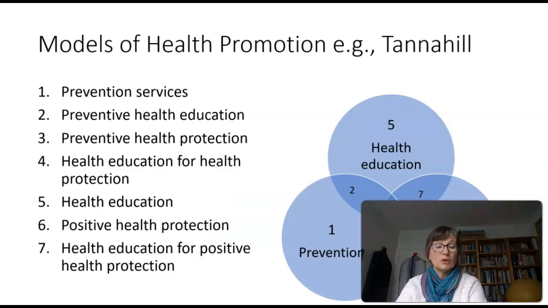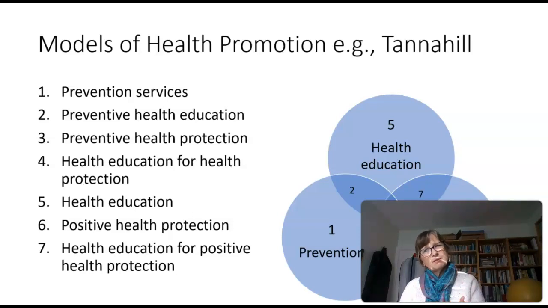So Tannahill is one of the most common models of health promotion. And it sits with an understanding of health promotion that's been around a long, long time, and which covers preventing things going wrong with our health, protecting health, and educating about health.